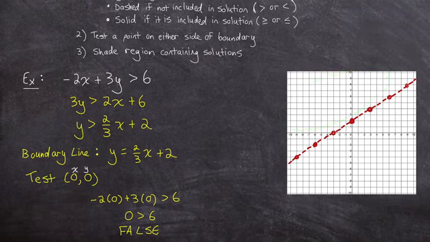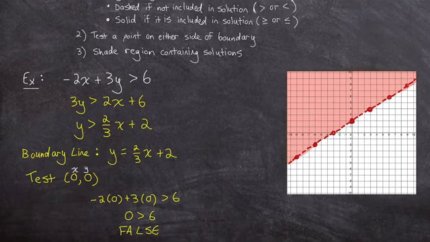And you could see how when y is isolated, it's easy to know that it's the region above the boundary line, because it says all of the y values that are greater than that boundary line 2/3 x plus 2 satisfy this original inequality. So my final answer is just going to be me shading in this region above the boundary line. And that's how we express the solution to the inequality.